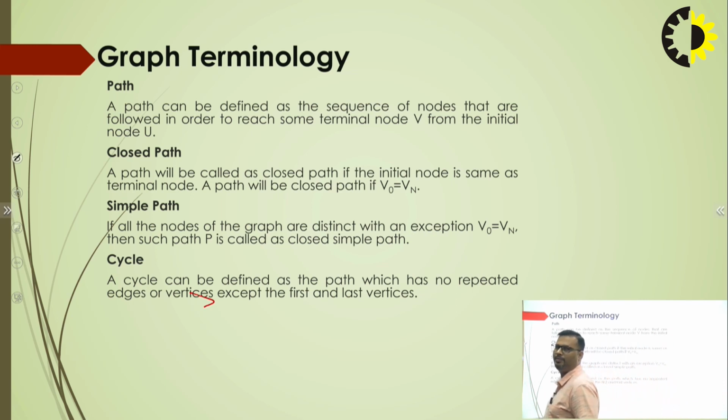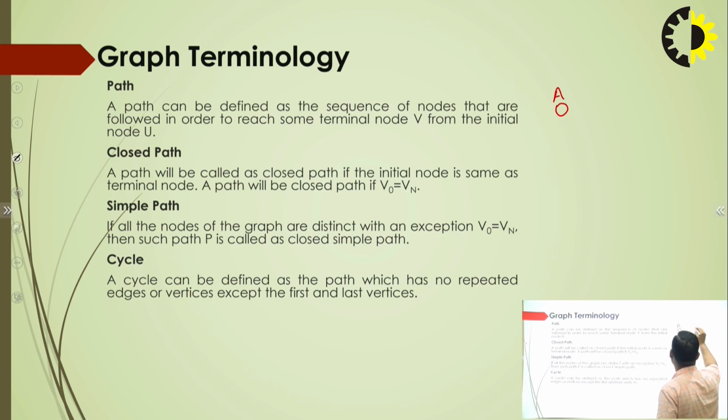So here we will discuss the basic terminology of the path. A path can be defined as a sequence of nodes that are followed in order to reach a terminal node V from an initial node U. Suppose this is vertex A, this is vertex B, and this is vertex C. A to B, B to C. What is the path from A to C?